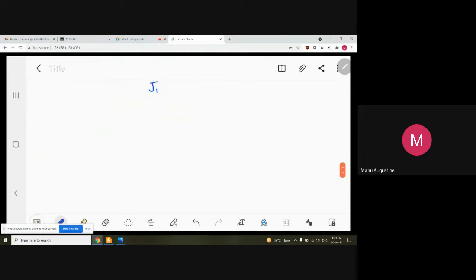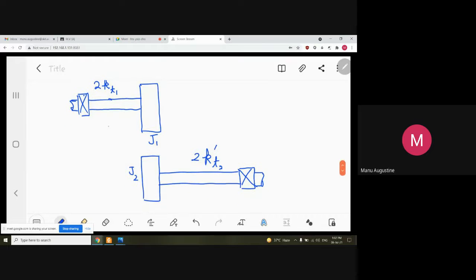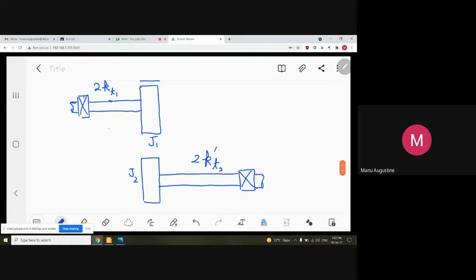The secondary system will also be converted. So this will be J2, and this will be twice of KT2 dash. Once again, we have managed to convert a parallel connection into a singular one-sided connection.